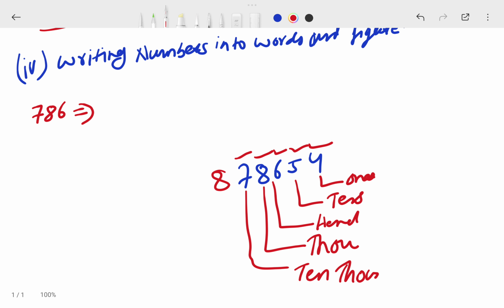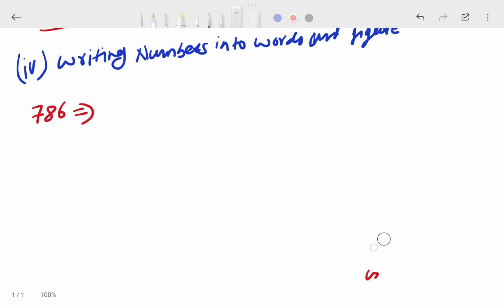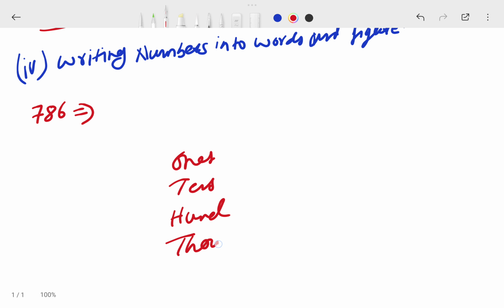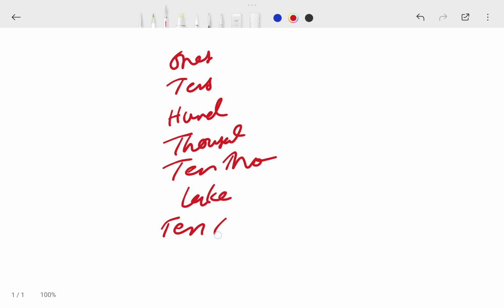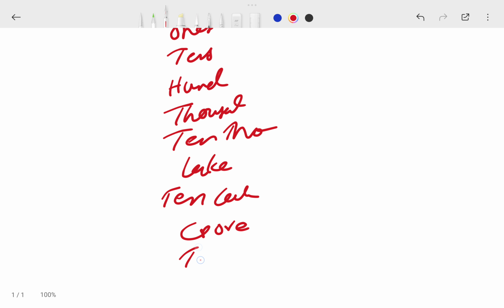Then after that another number is lakhs, another number 10 lakhs, then another number crore, then another 10 crores. We count like that only. How do we count? Simple: ones, then tens, then 100, then 1000, then 10,000, then lakh, then 10 lakh, then crore, then 10 crore.